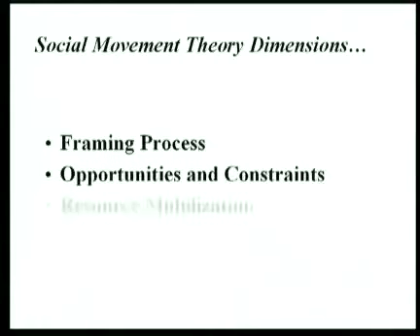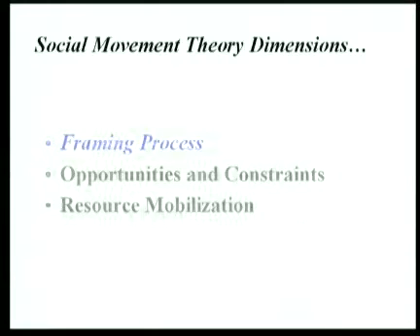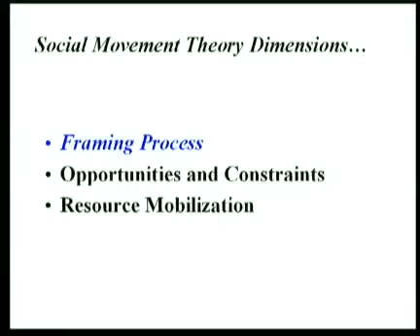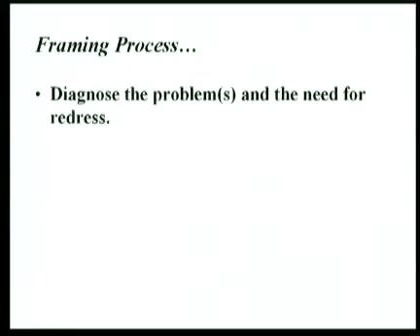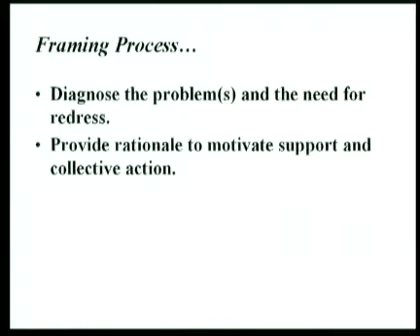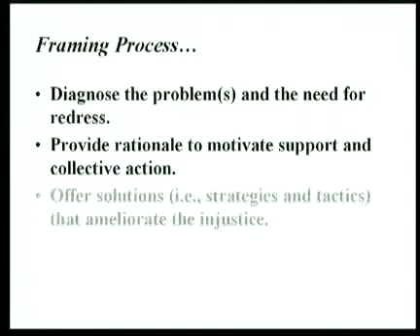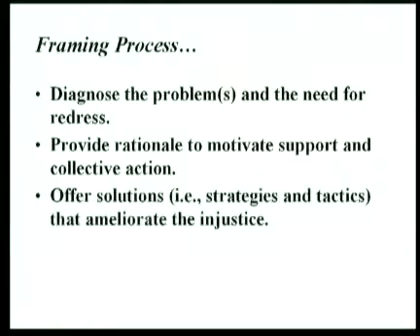We have, first of all, the framing process, and secondly, the opportunities and constraints, and third, the resource mobilization. Let's focus on the framing first. The framing process is all about diagnosing the problems and the need for redress of the problems. It's also about providing a rationale to motivate support and some collective action. It comes up with solutions, strategies, and tactics that ameliorate the injustice.